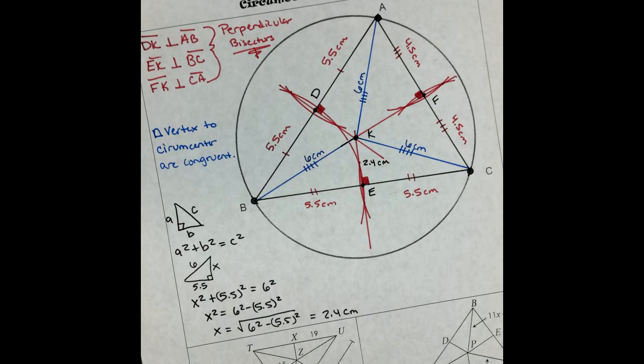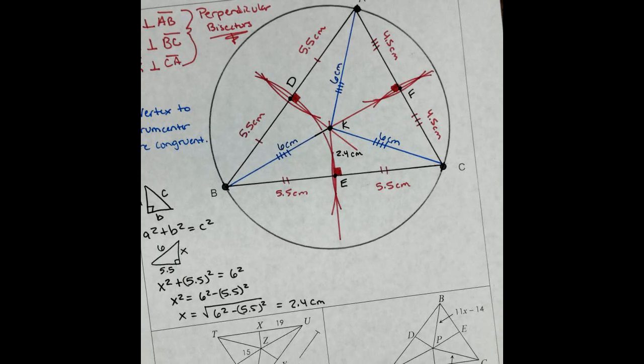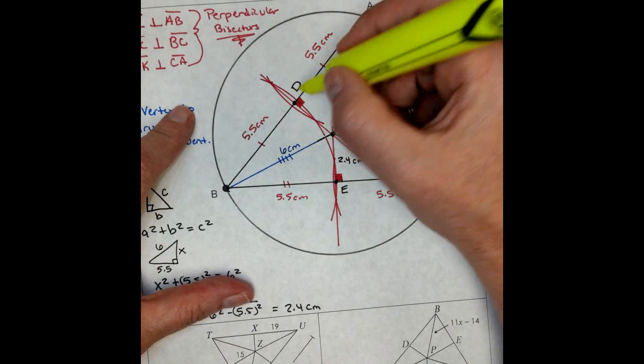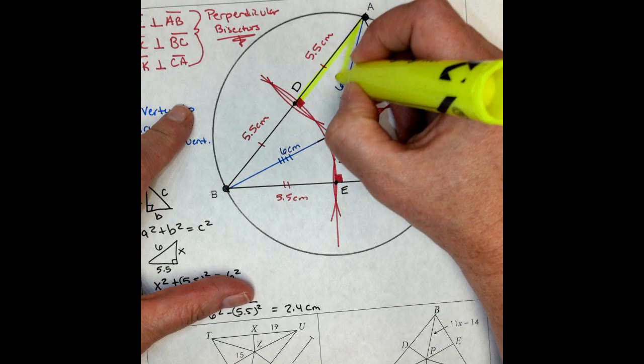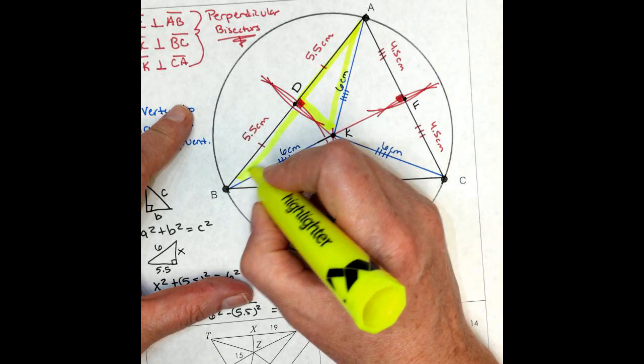Now if you also look at these triangles, you can probably tell that I have triangles that are congruent to each other. I've got 3 sets of congruent triangles here. So I'm going to use a highlighter to show you what these are. So this triangle, I got 5.5 and 6, is the same triangle as this guy here.